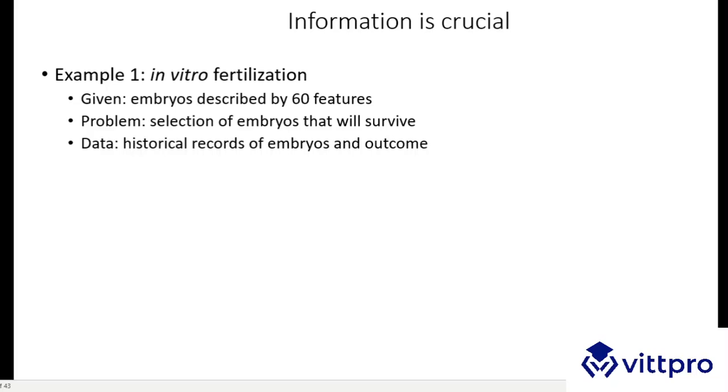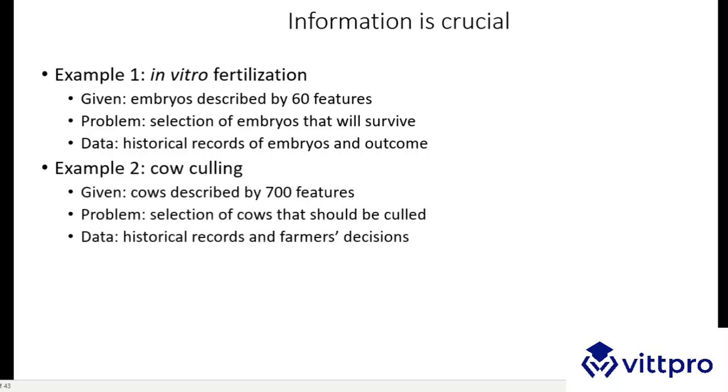Now, another example that was given is the cow. Let's say you are on a farm and the farmer has a selection of cows described by another 700 features. The problem the farmers usually have is which cow is getting old and needs to be killed, right?